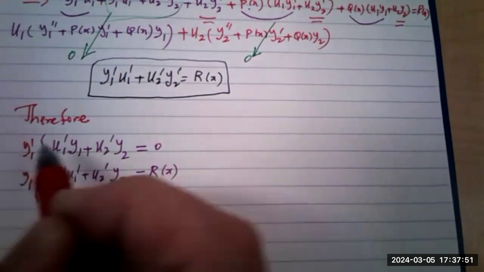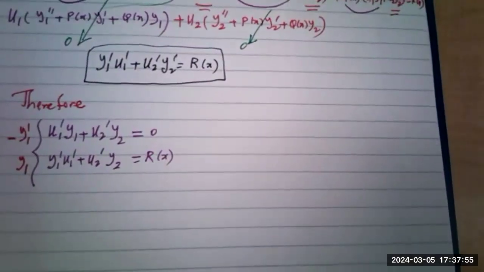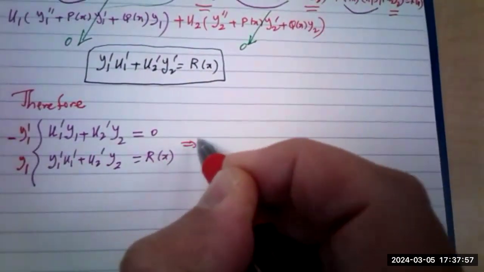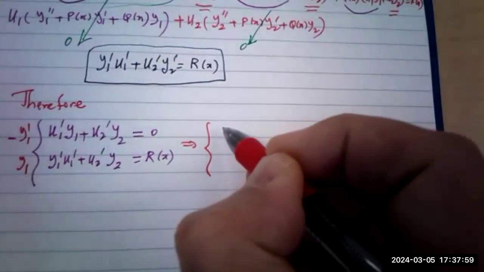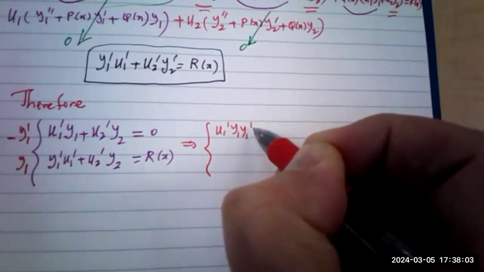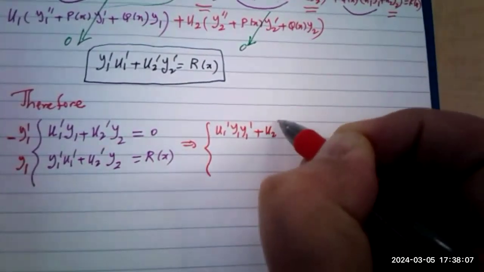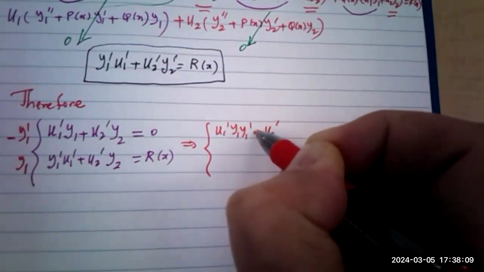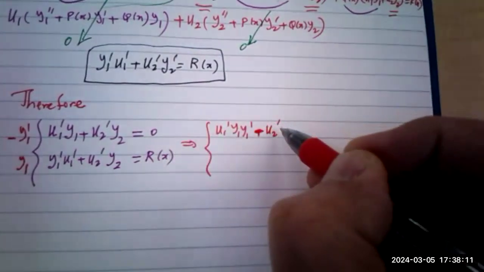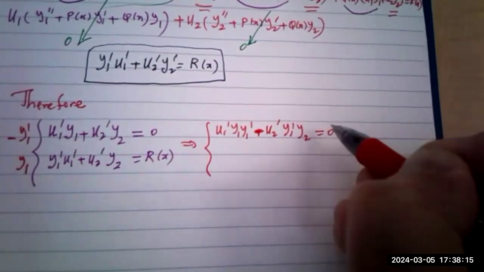So I'm going to change the sign of the first one. So this is going to be the conclusion. So you are going to have u1 prime y1 prime plus u2 prime, minus u2 prime y1 prime y2 equal to 0.